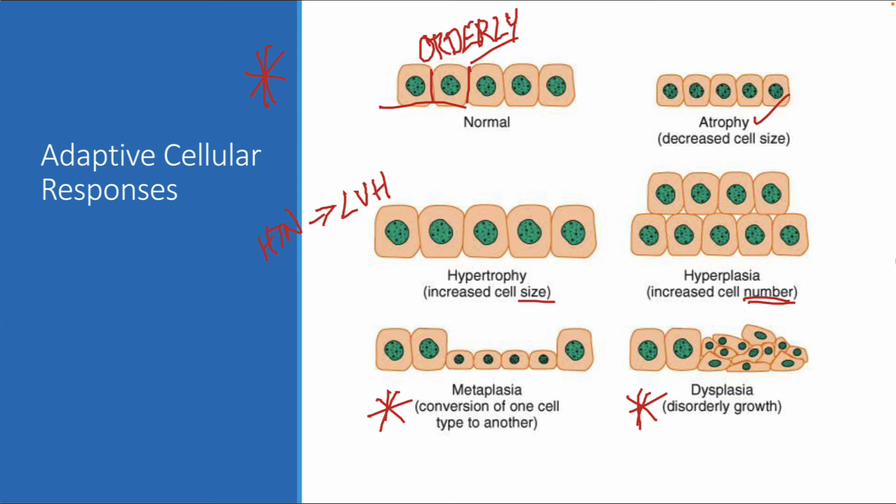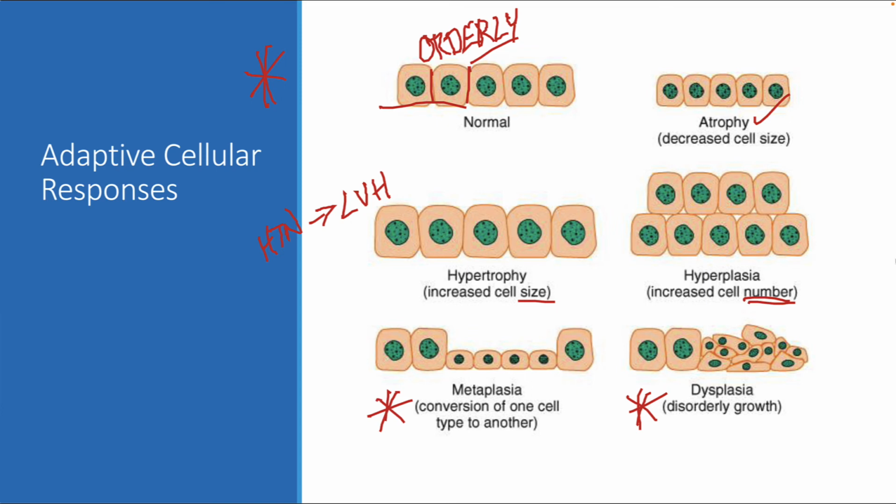pseudostratified epithelial cells, and then with repeated injury, the body tries to overcome the acid environment by recruiting goblet cells onto the scene, and those goblet cells secrete mucus.